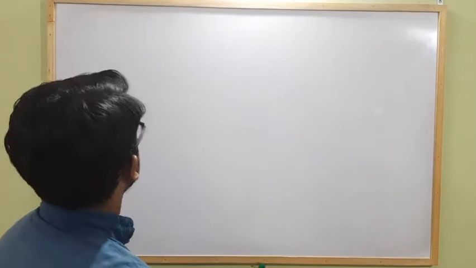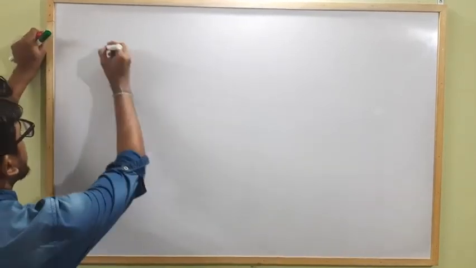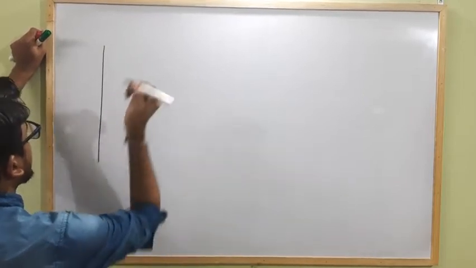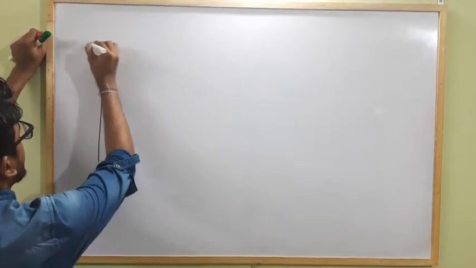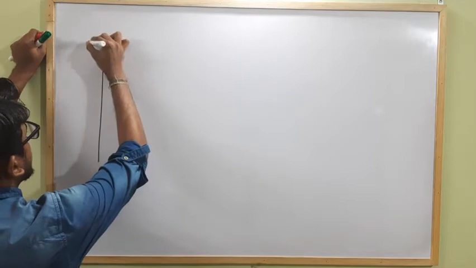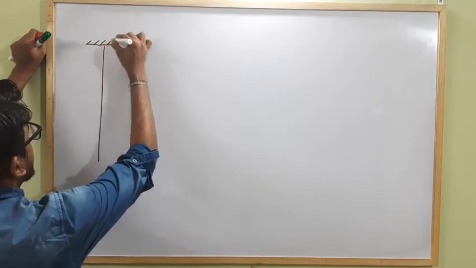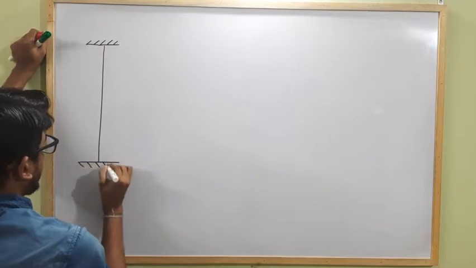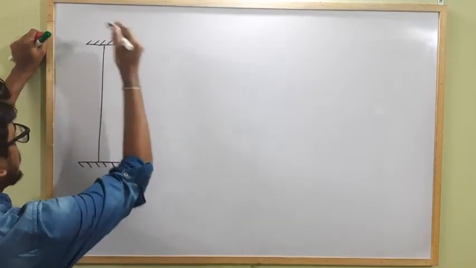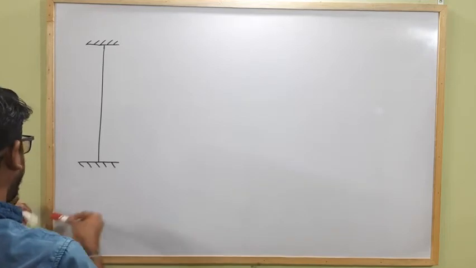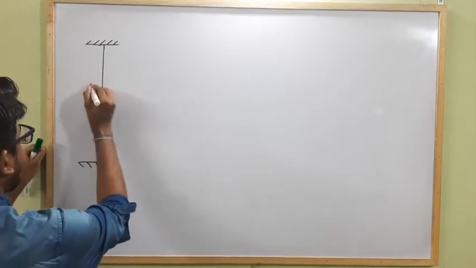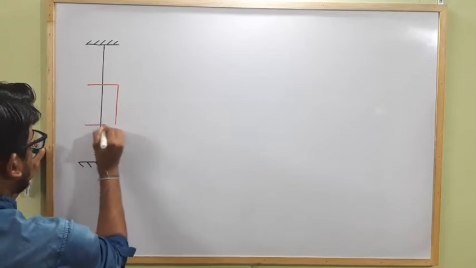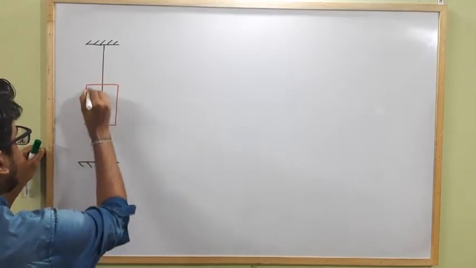So just see, here is a conductor, okay, this is a conductor which is fixed at both ends, and this is loosely wound. Here is a certain region which has a magnetic field strength into the plane.